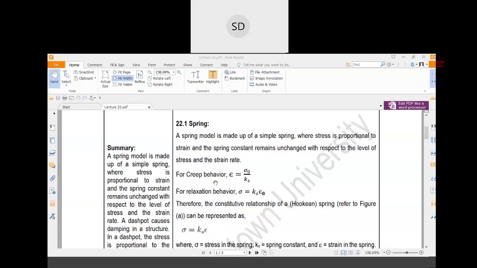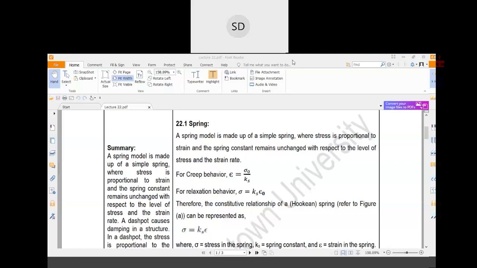In the creep behavior, when your stress is constant, you have to find out what the strain is. From the definition of the spring constant you can easily find the strain: your constant stress divided by your spring constant. This spring constant will be similar for the same spring. It will not change according to the loading condition, therefore it is called spring constant.